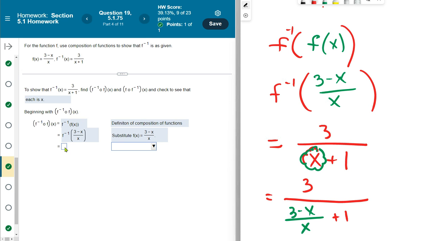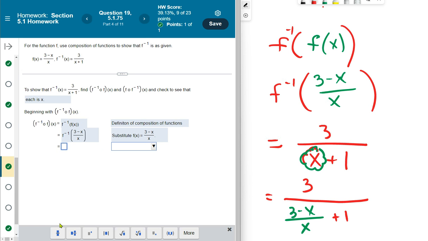I have to type that in. Okay, so it's a fraction. 3's in the numerator. Scroll down to the denominator. I have another fraction, that green part, which is 3 minus x over x. And then scroll over and hit plus 1.